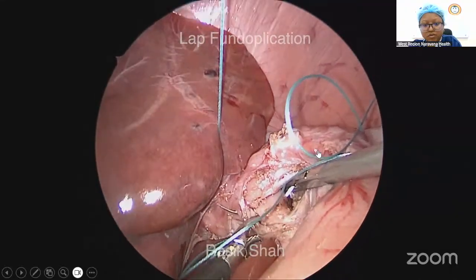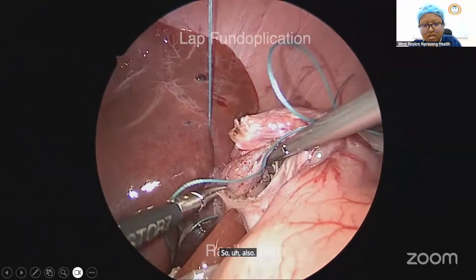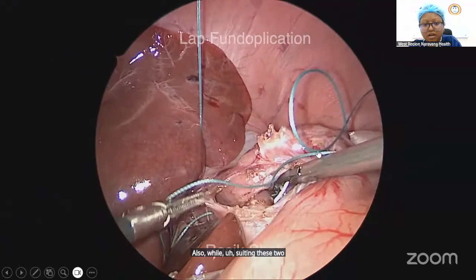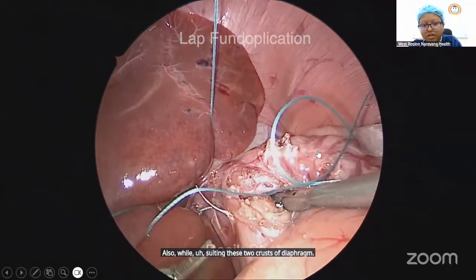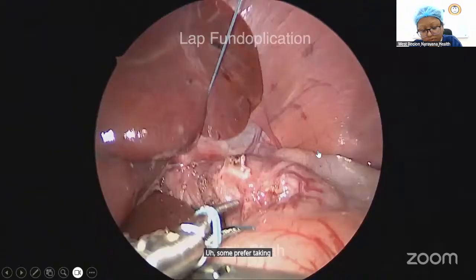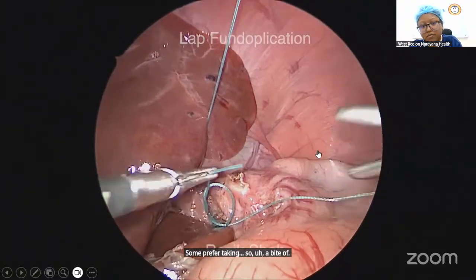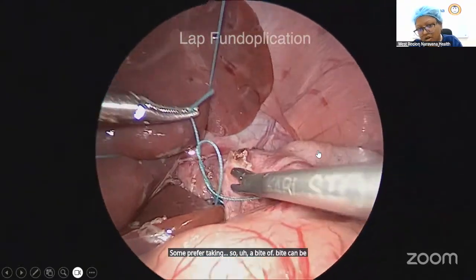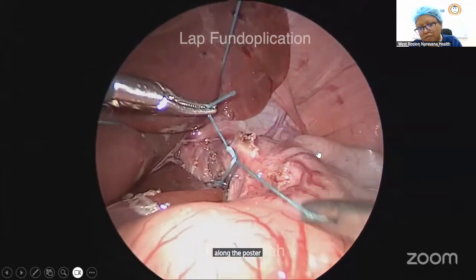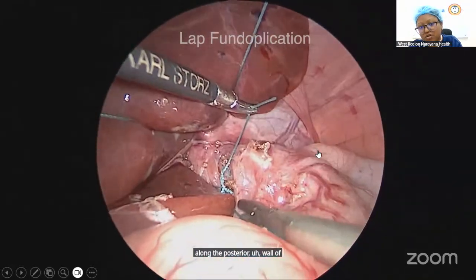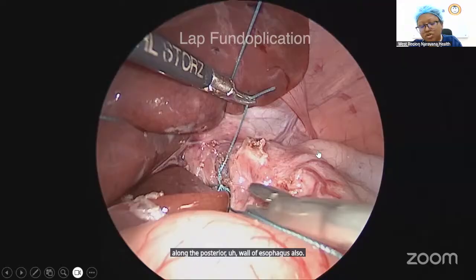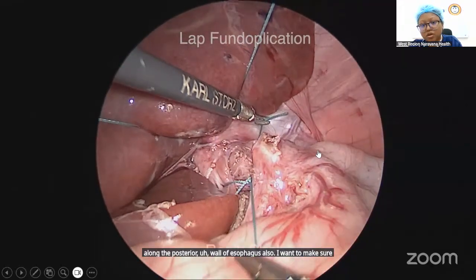Also, while suturing these two crura of diaphragm, some prefer that a bite can be taken along the posterior wall of the esophagus also. One should make sure that the window is closed.